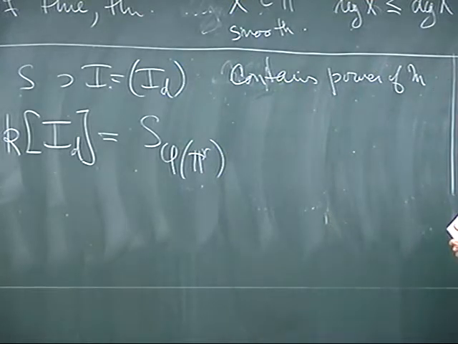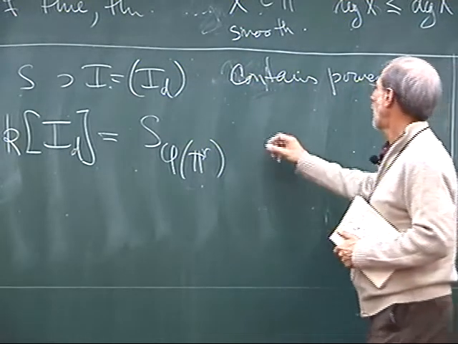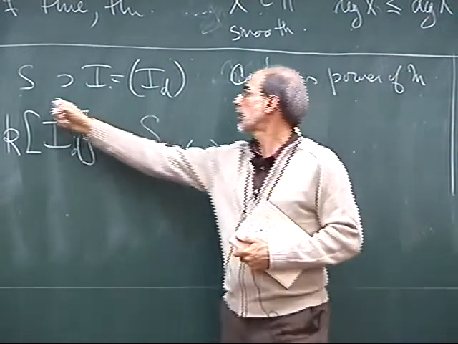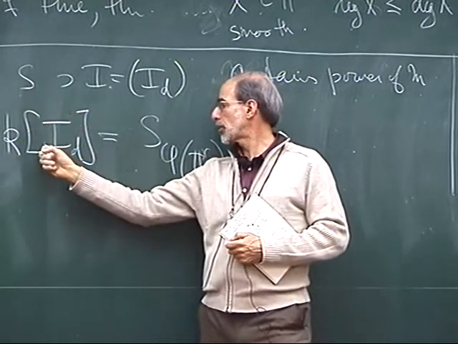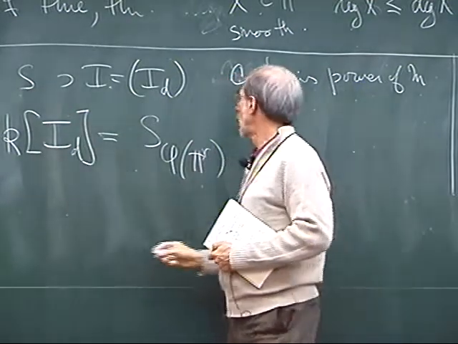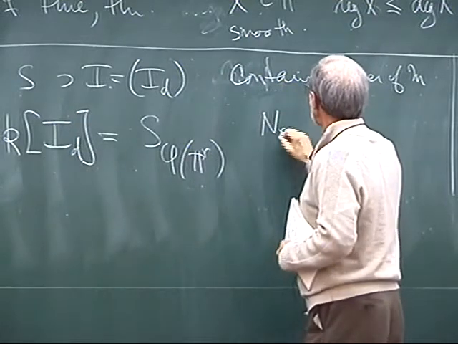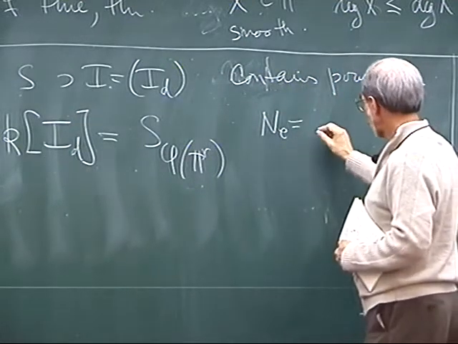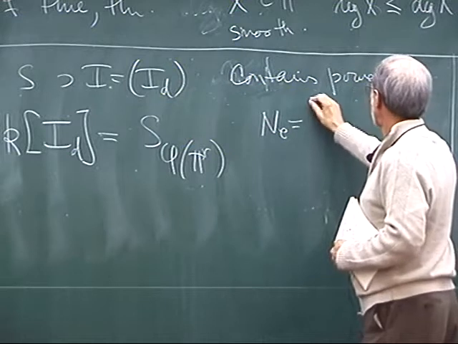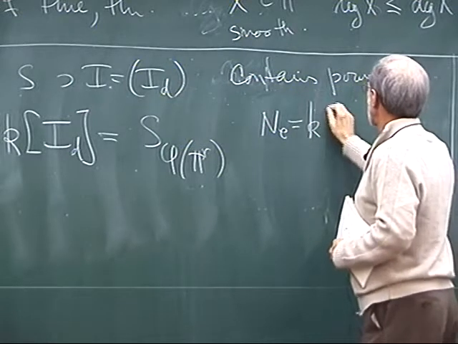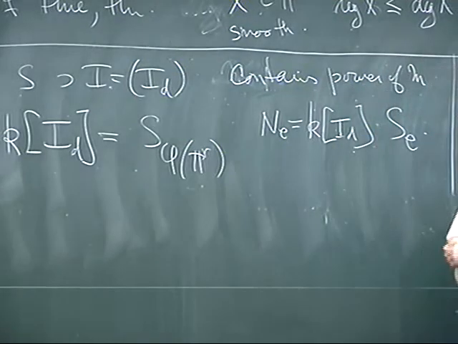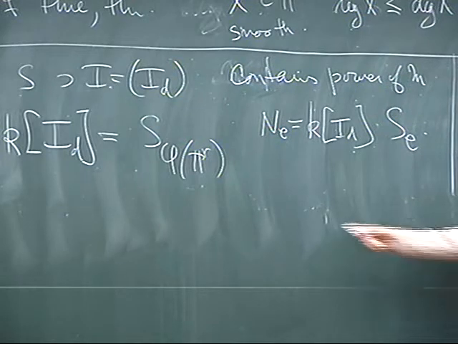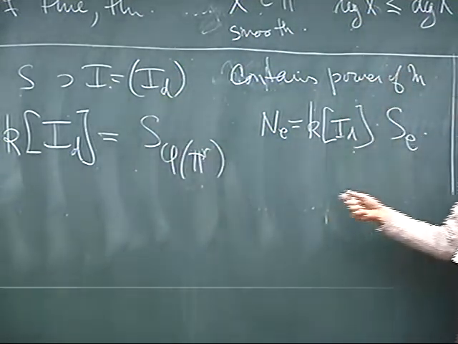But you can also look at some submodules of S. For example, you could take the degree E forms in S and look at the module they generate over this subring. So you can look at, let's call it M sub E, is equal to k of I_d times S sub E. I've seen this ring a lot in my time in commutative algebra.